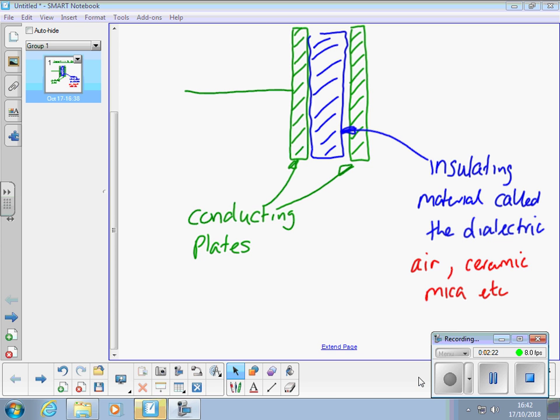We'll talk in a minute about what the level of capacitance depends upon. Quite often in bigger capacitors the conductive sheets are long foil with insulating paper between, so they can be rolled up like a roly-poly and give you more surface area.